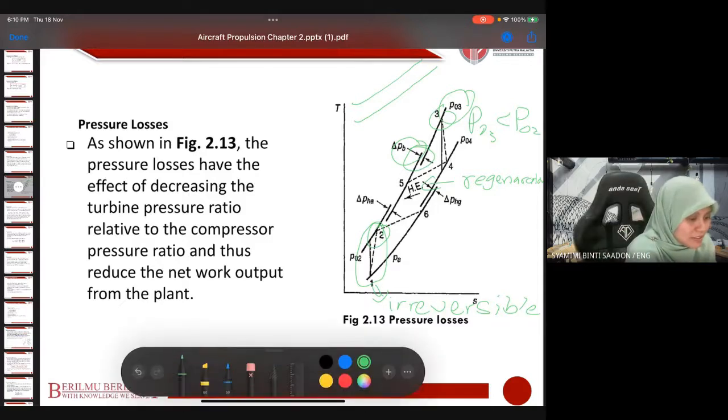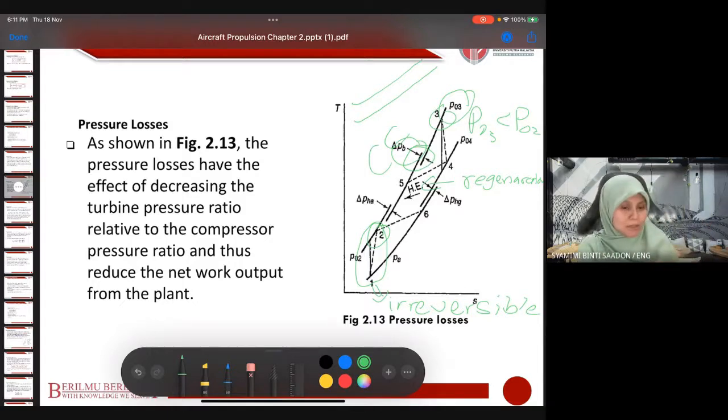This here is the combustion chamber, just before entering the turbine.